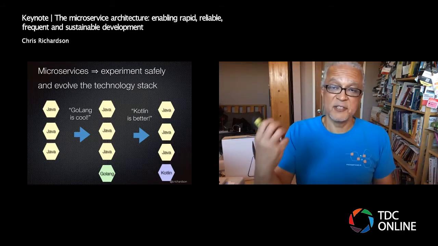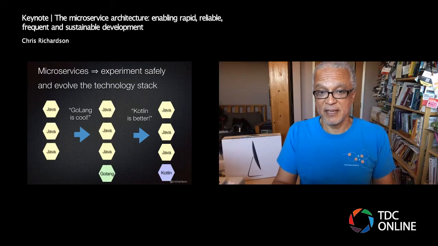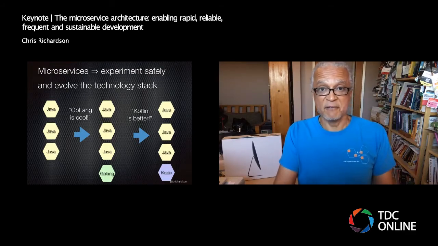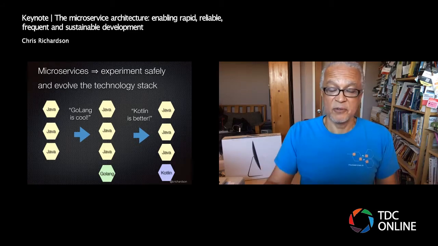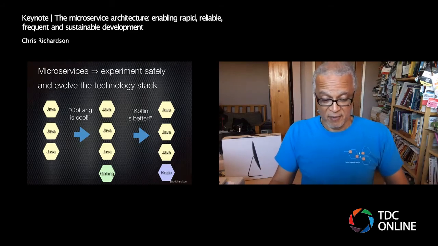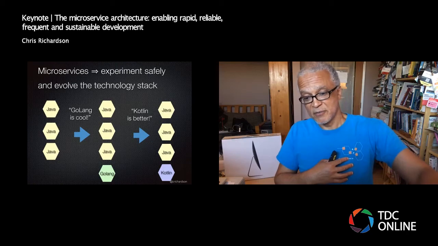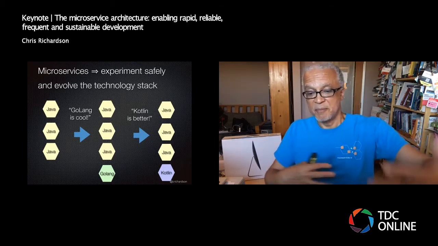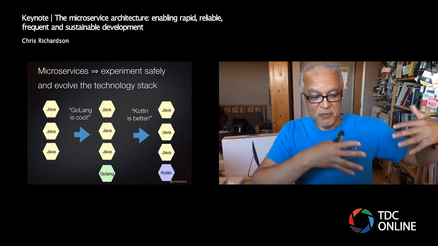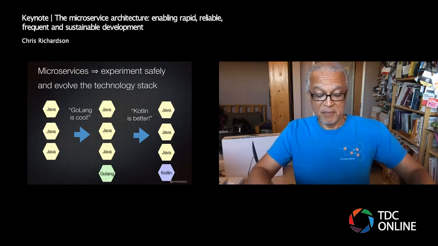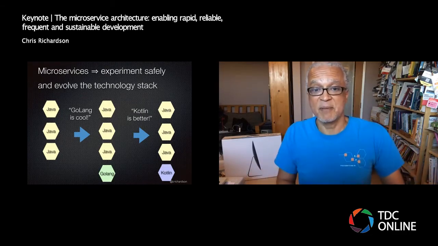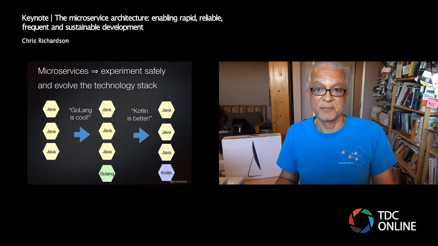So it lets you experiment safely with new technologies, occasionally fail, but overall you're able to incrementally evolve your technology stack, which means hopefully 20 years from now, people won't be stuck with 20-year-old technology. They will be able to constantly upgrade their application's technology stack.